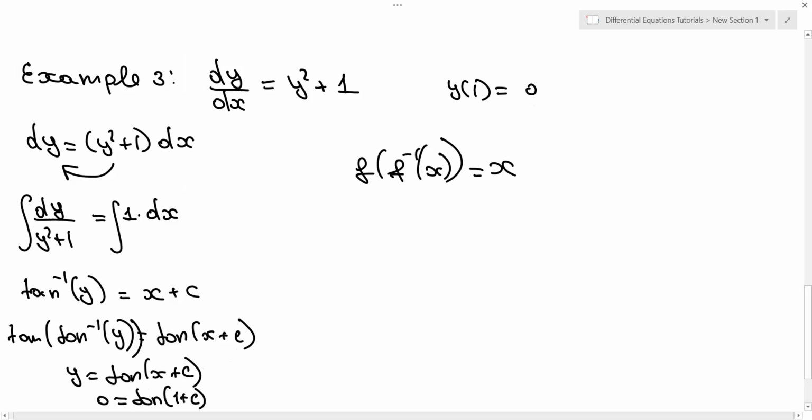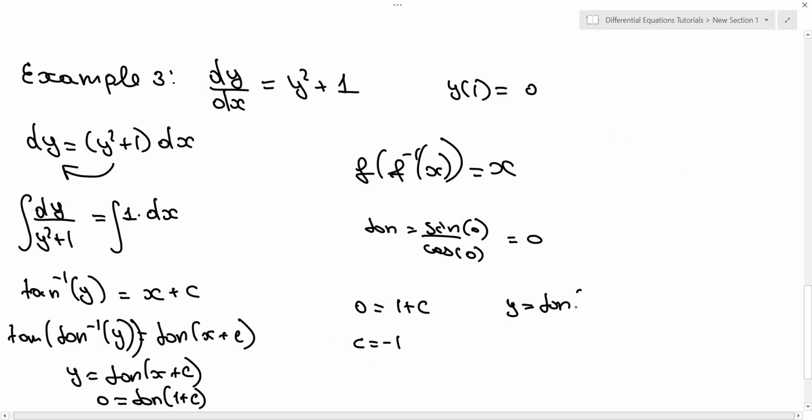And the tangent of 0 gives us 0, because from the trigonometric table, tangent is equal to sine over cosine, and sine of 0 is 0. So we have 0 is equal to 1 plus c, because this part can be 0. So we have c is equal to -1. So our final value is y is equal to tangent of x minus 1.